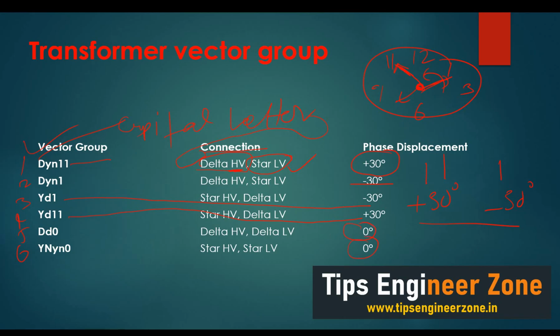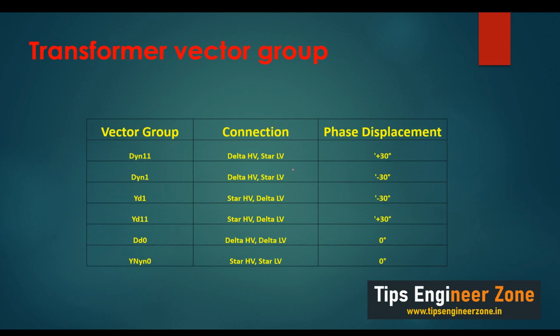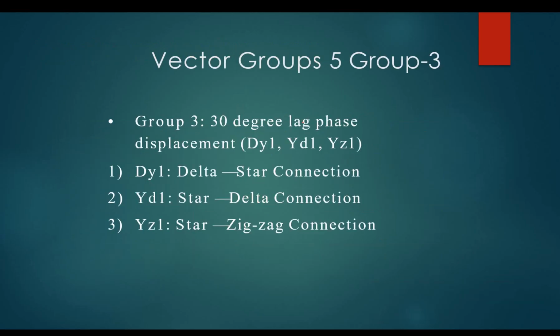This is all the vector group connections and displacement degrees. A 30 degree lag means 1: Dyn1, YD1 and YZ1.